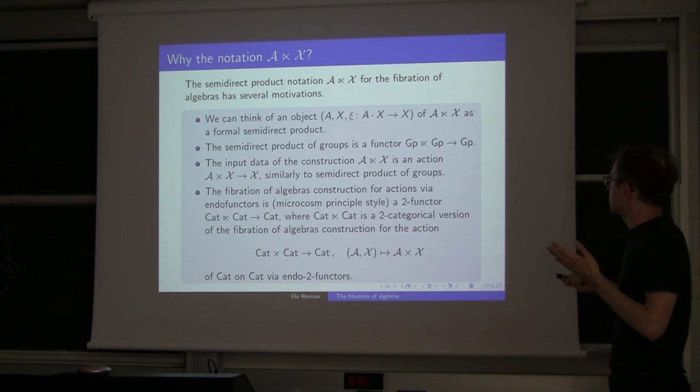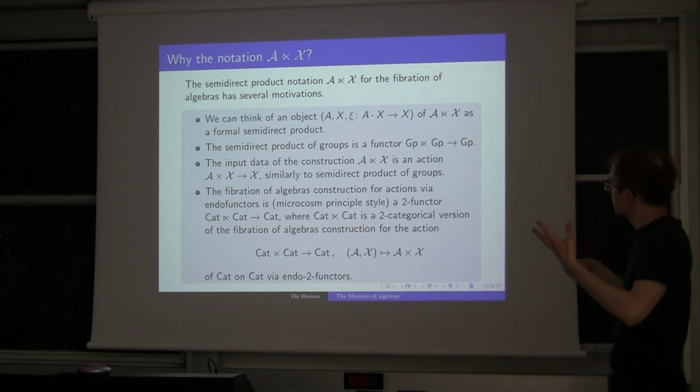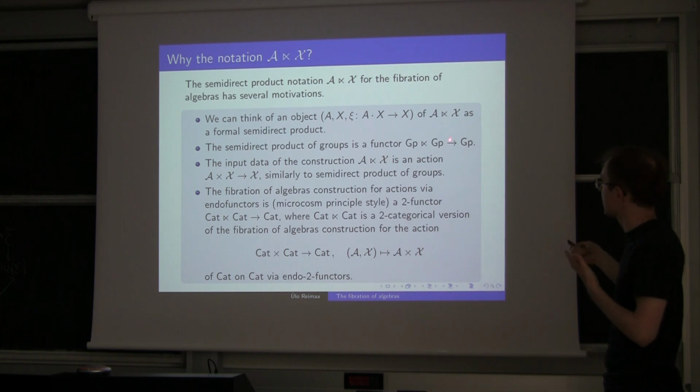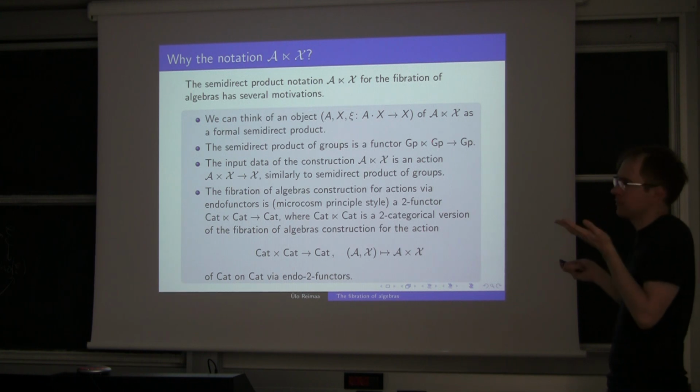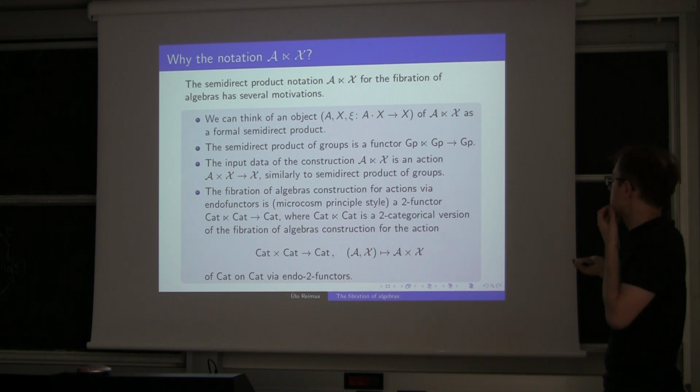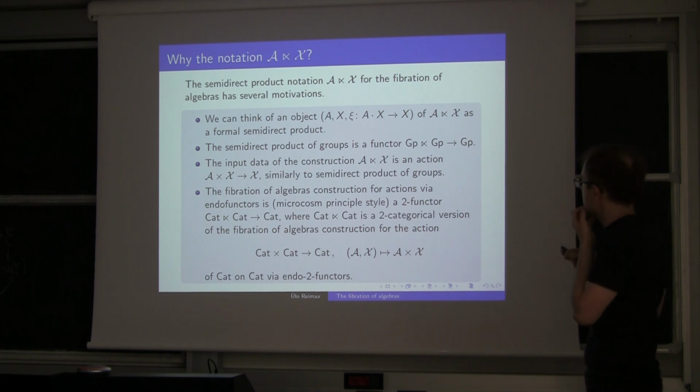Now, if you do look at the case of groups, then the semidirect product functor of groups, well, it has as its domain this category of groups with a group action. Perhaps if you think about the macroscopic principle, then it's not the one choice to make.